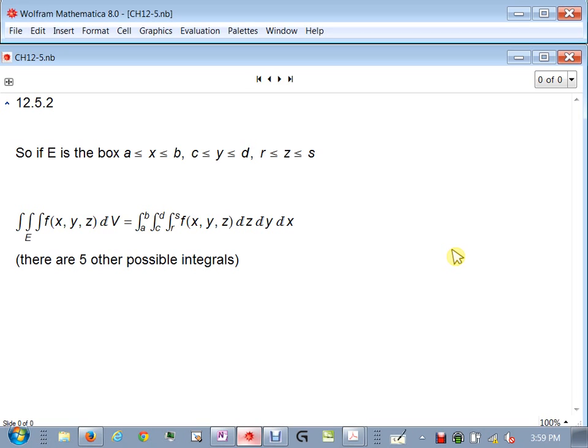Now, how many different variations are there? 6 variations. You could have dz dy dx, dz dx dy, dy dz dx, dy dx dz, dx dy dz, dx dz dy. So there's 6, right?